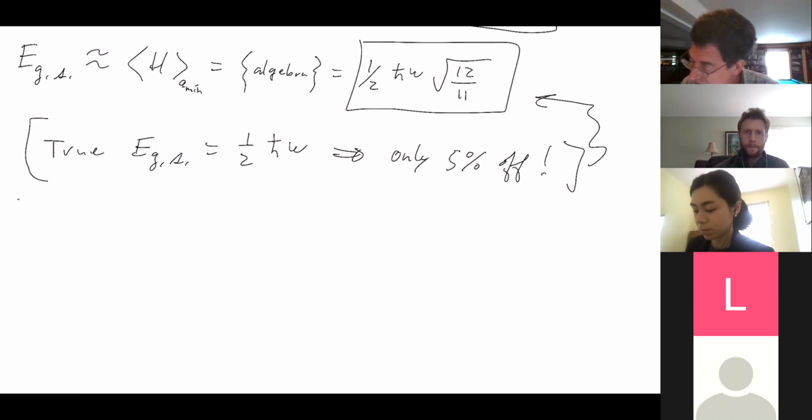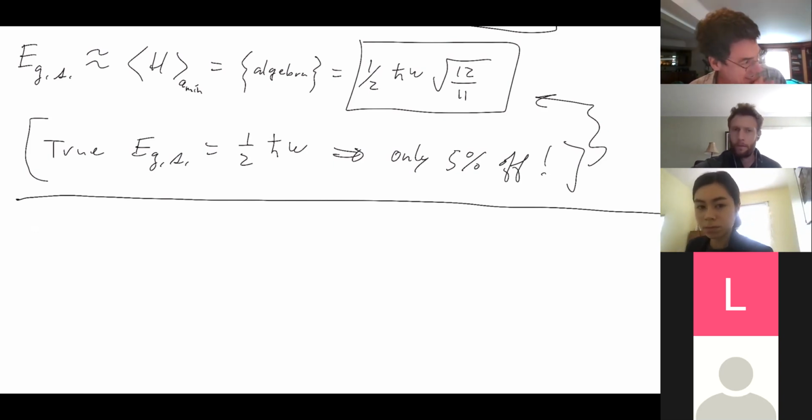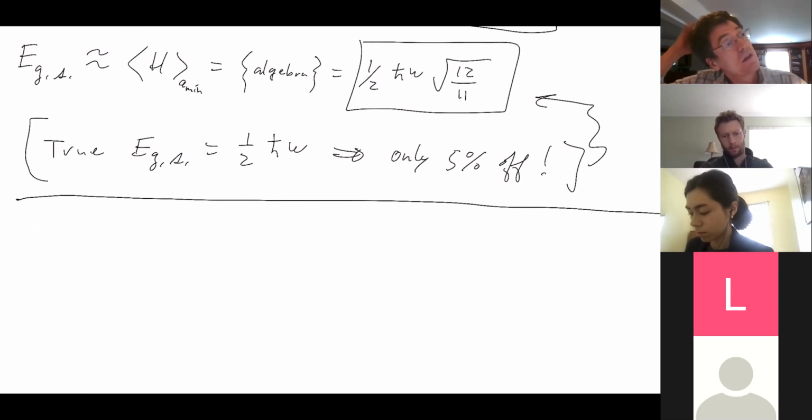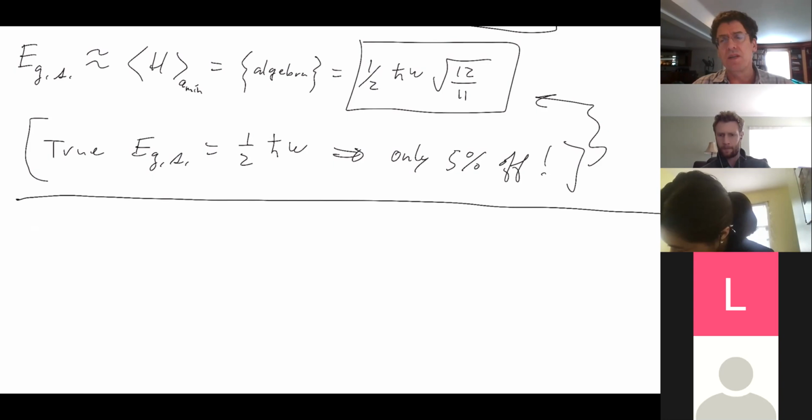One more question. Could you use this method to solve any differential equation? If you're able to graph it, you can just guess it? Well, you could, but what we're solving for is the ground state energy. You could do this for any operator.